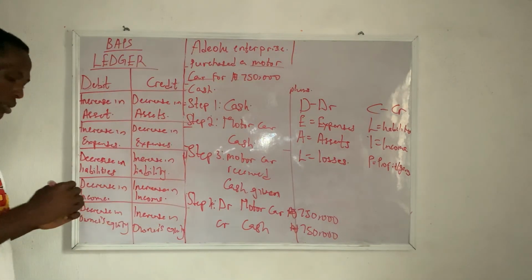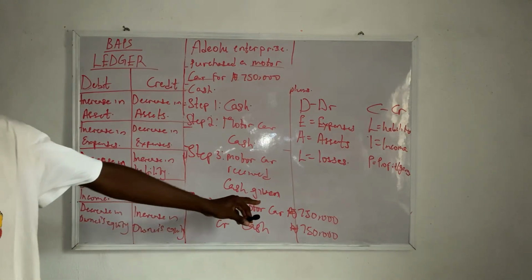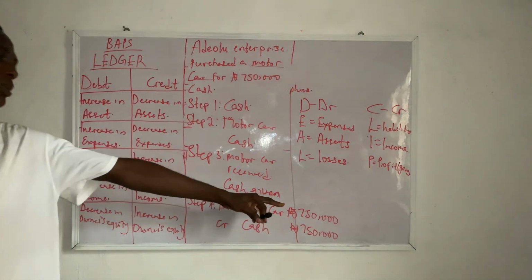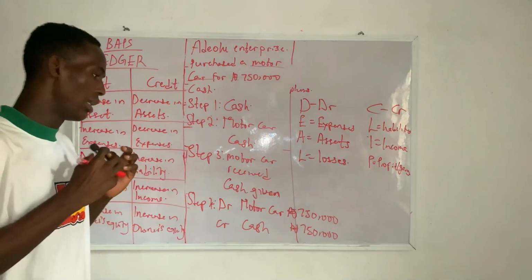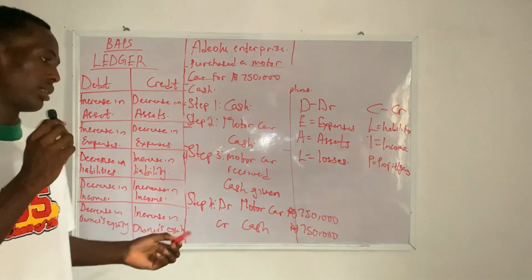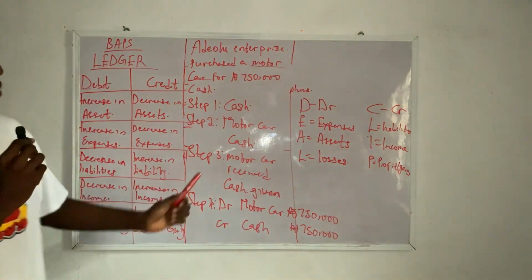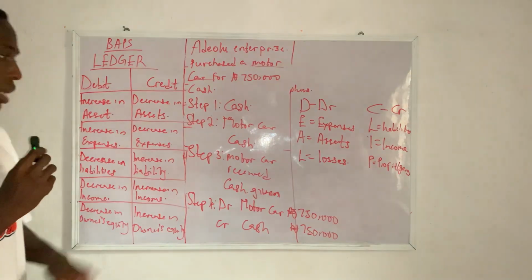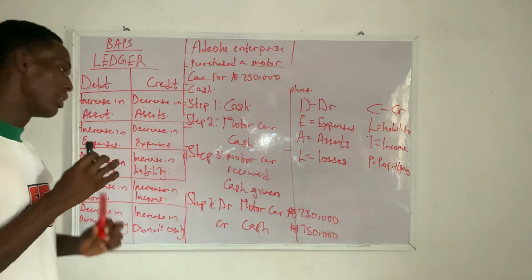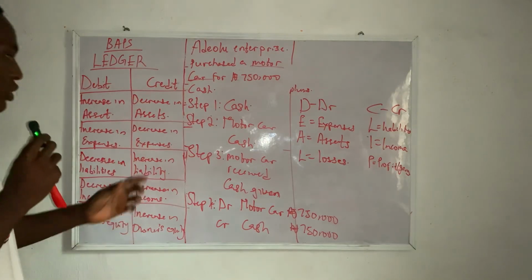That's all. If I were to draw my T format for it, on my motor car account, I'll put what? I'll debit it with 750,000 naira and put in my cash as the particular. Then on my cash account, I'll credit it as 750,000 naira and I'll put motor car as what? My particular or my details, whatever it is. Now, solving double entry question is not limited to just two accounts.